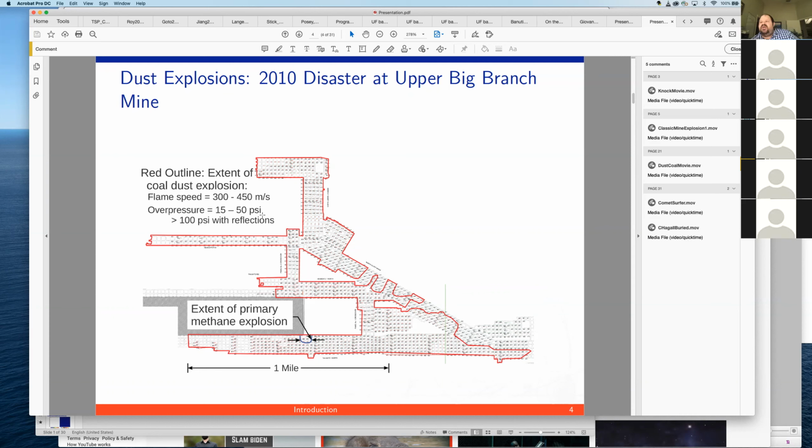So the profile, which I'll show later, between the shock and the end of the reaction zone of a dust explosion is many, many meters in length. So there is a huge amount of surface area where the high pressure behind the lead shock wave can push on things.